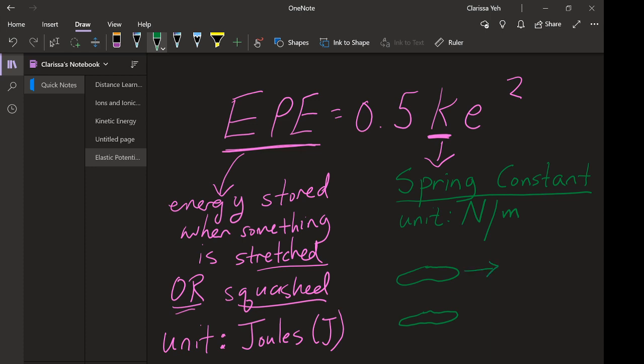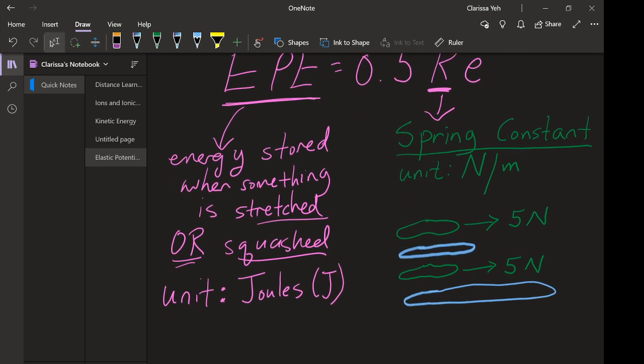So I'm going to use my machine and stretch this elastic band with 5 newtons of force, and I'm going to do the exact same with the other one. Well, the two elastic bands might not stretch the exact same distance. Even though they're the same size, one may be stretchier than the other. So let's say that the first elastic band stretched just a little bit after I put my 5 newtons of force, but my second elastic band stretched by a whole lot.